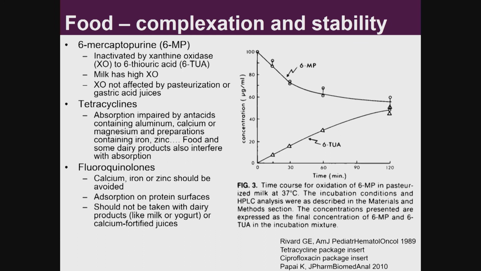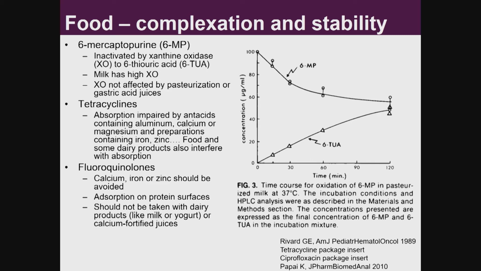Additional food effects: complexation and stability. 6-mercaptopurine is inactivated by xanthine oxidase. Milk has a high level of this enzyme, and the activity of this enzyme is not diminished by pasteurization or gastric acid juices. And so this underpins the interaction there.